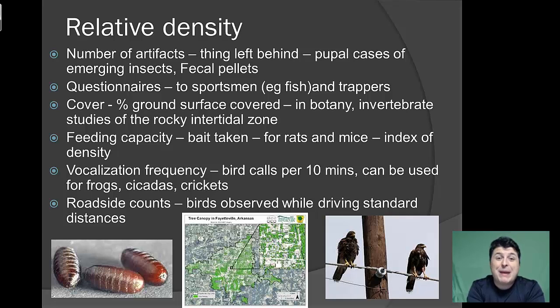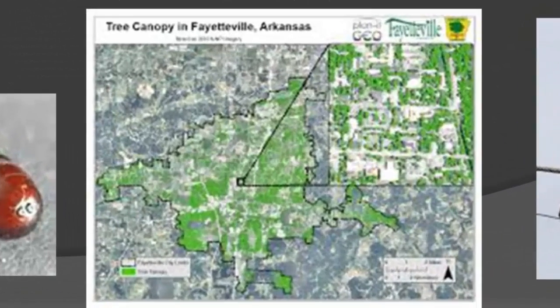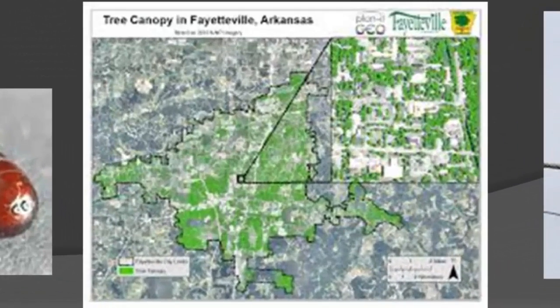We might put bait out and see how quickly that bait gets eaten. If it's slowly eaten, then maybe there are few organisms that are attracted to that bait. If it's eaten really quickly, maybe there are a lot of individuals. We might look at ground cover, for example, with forest.